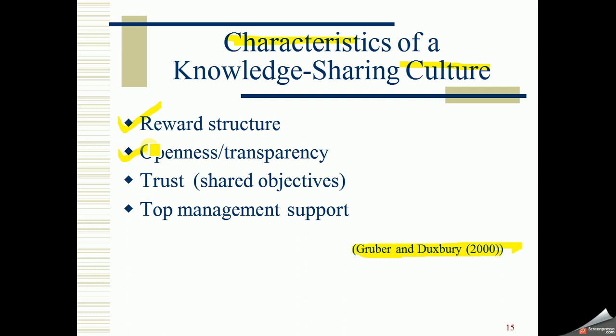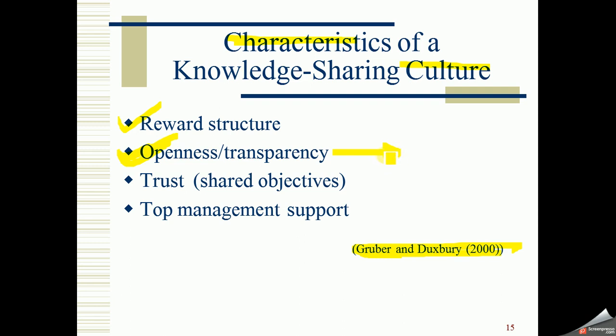The second characteristic is openness or transparency. There should be an openness, there should be a transparent culture, so that the people share their knowledge openly, right? So there should not be any secret or hidden agendas.